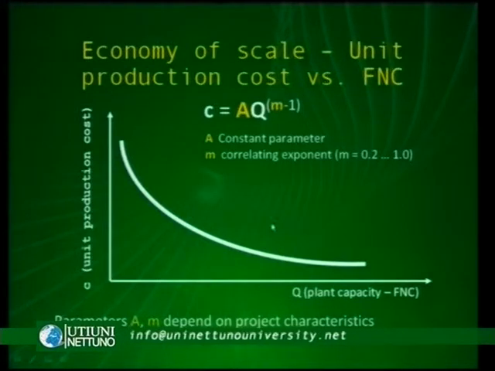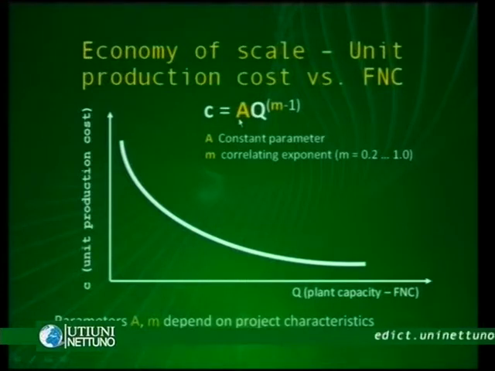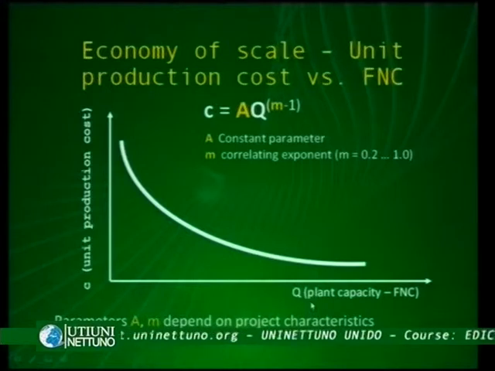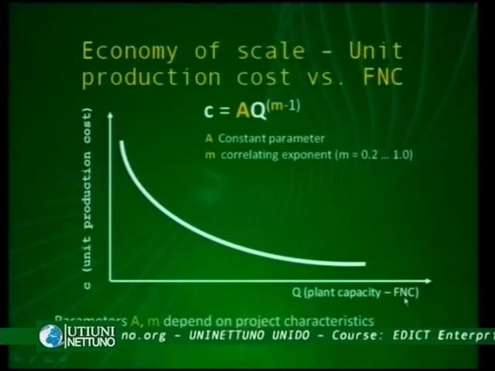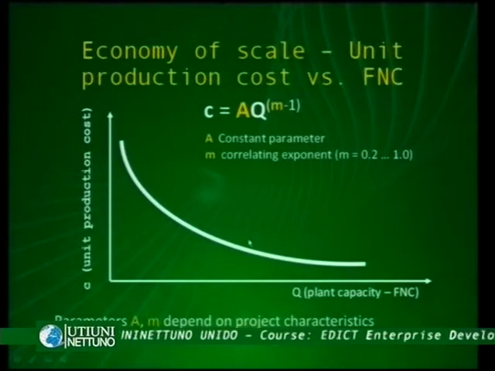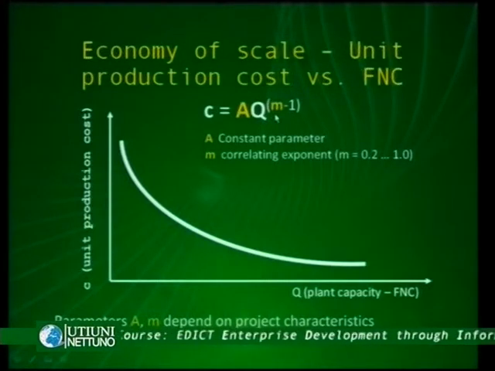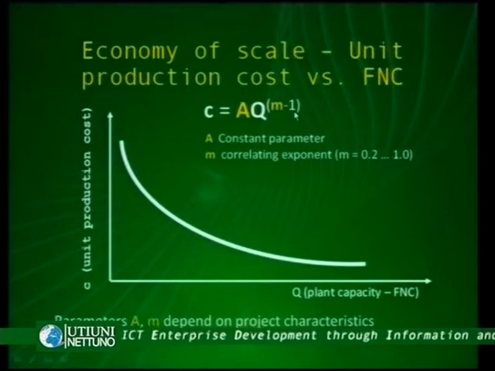And the formula explaining this shape of the curve is C, unit production cost, equals A, which is a constant manufacturing parameter, times Q, which is the quantity, again in terms of feasible normal capacity, with the exponent M minus 1.